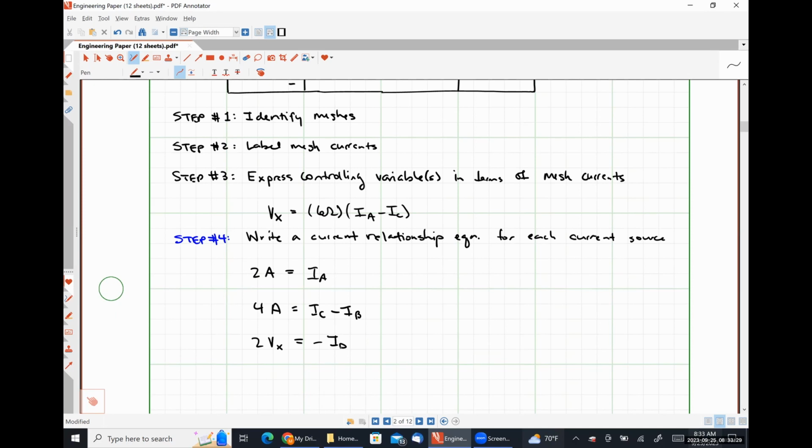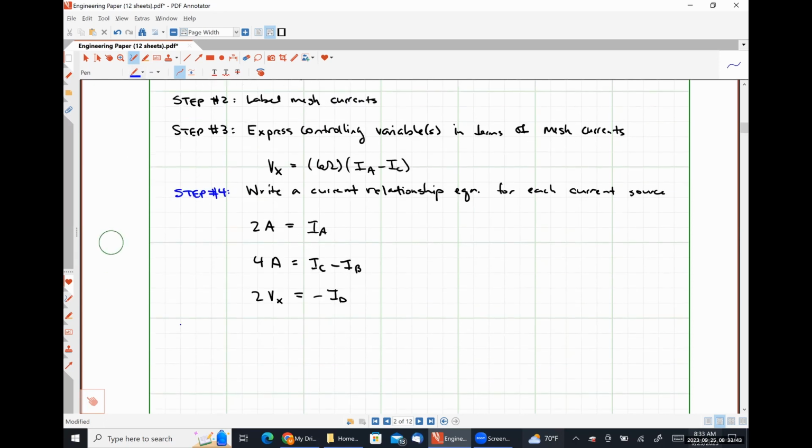I had 3 current sources. I now have 3 current relationship equations. Okay, so step 5 is going to be something new as well, and we're going to see how things break here. So I won't give it a name just yet.